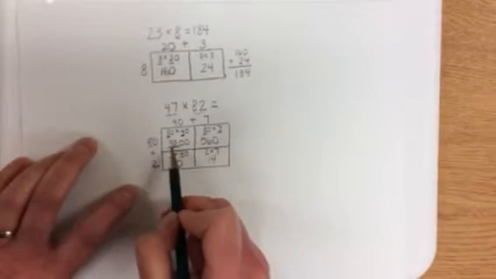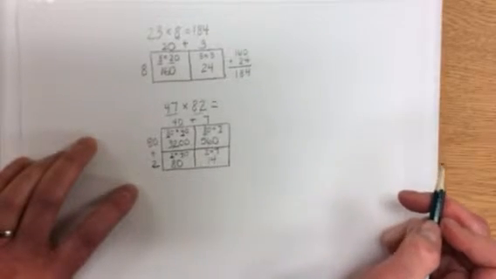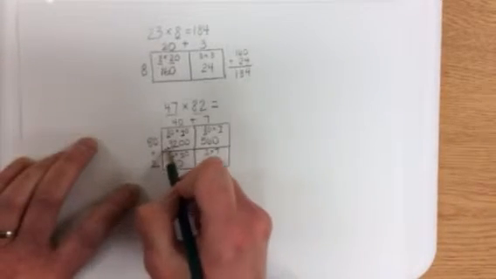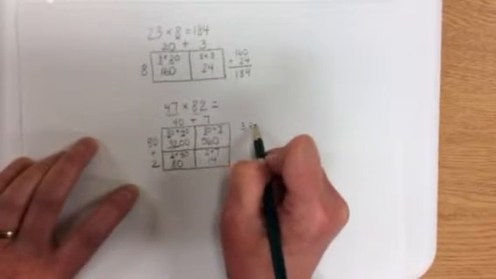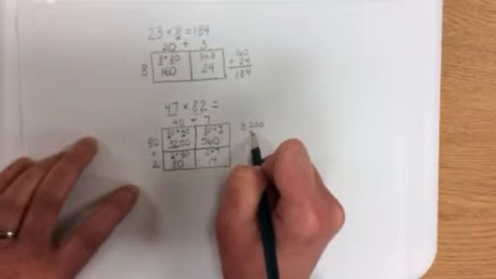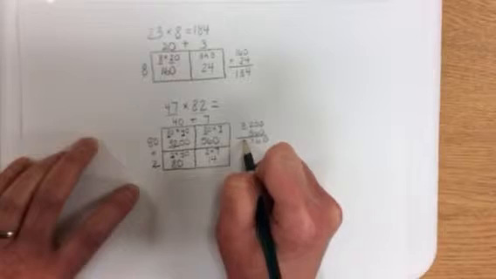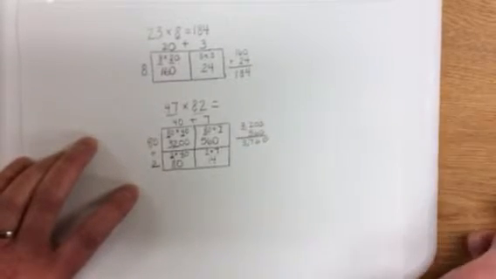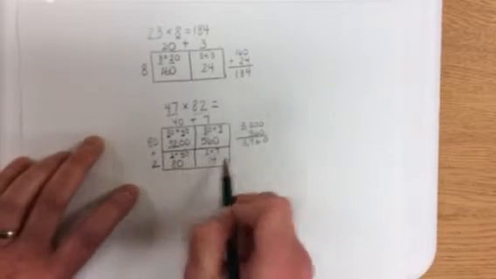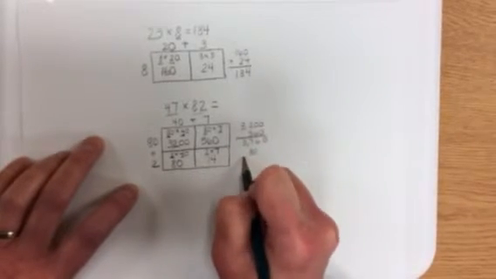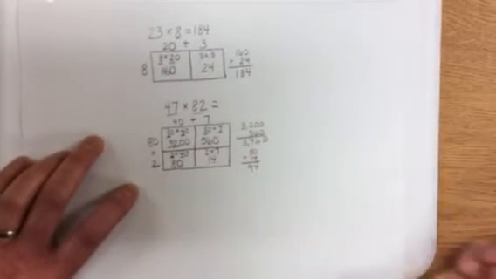So this time I have products in 4 boxes. So I still need to do the addition to get my final product. So what I'm going to do is add across. I'm going to take these two products, so 3,200, and add that to 560. And I get 3,760. Then I'm going to add across the next row, so 80 plus 14. And I get 94.